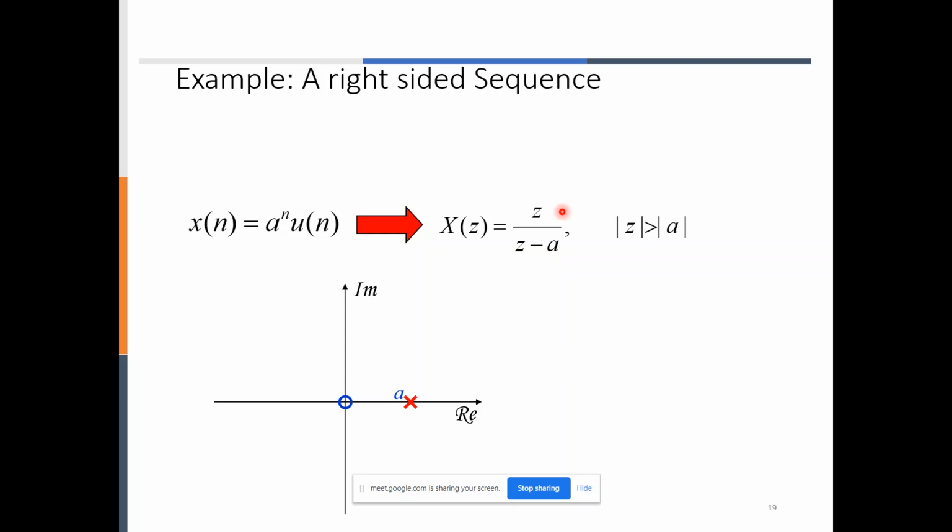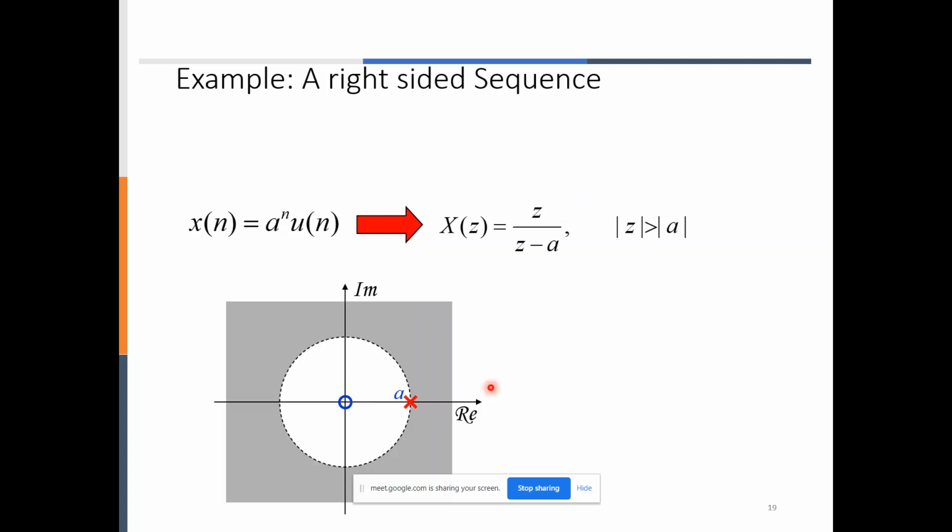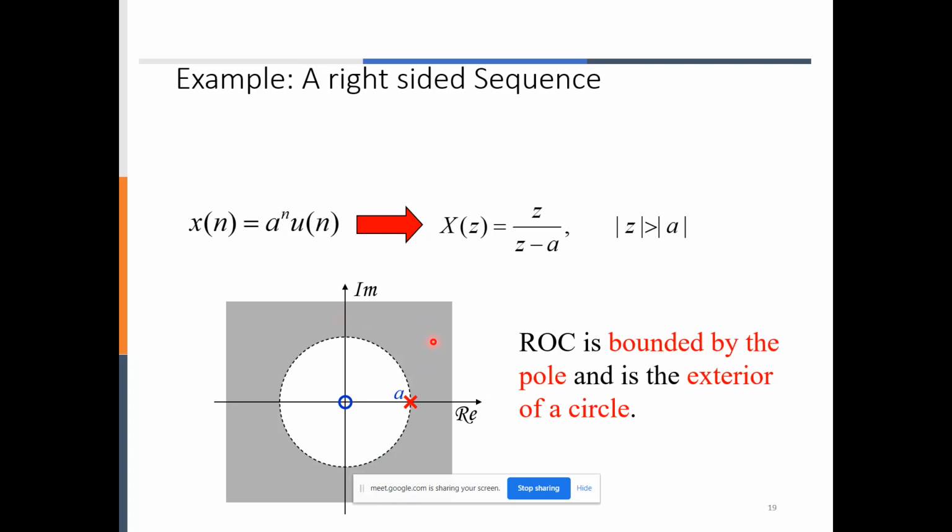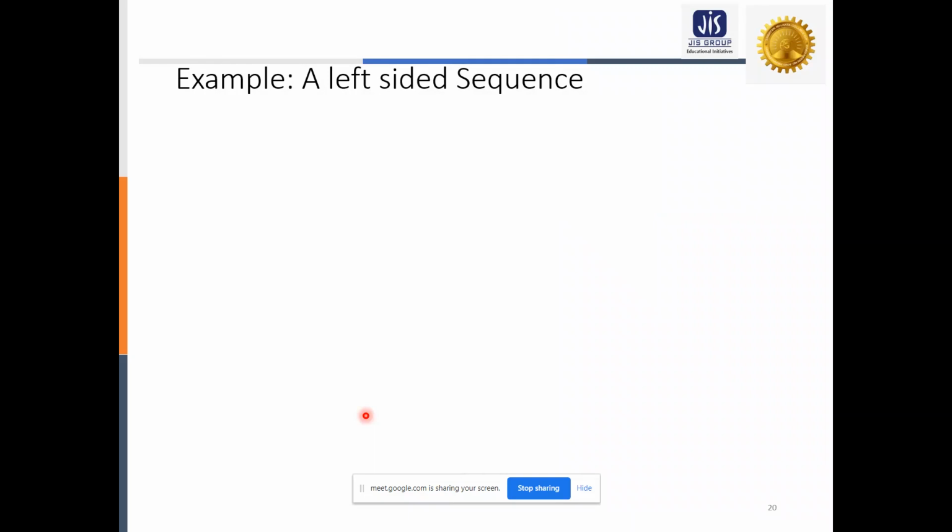That's why it is a circle in blue color. This is the zero and this is the pole. And the ROC is this shaded portion. So the ROC is bounded by the pole and is the exterior of a circle. This is the pole, so the pole is on the ROC boundary, and it is the exterior of a circle.